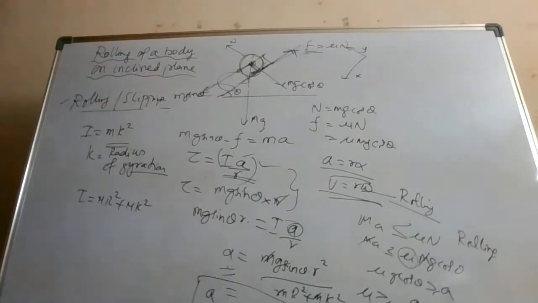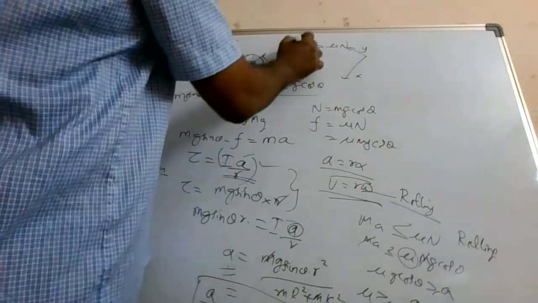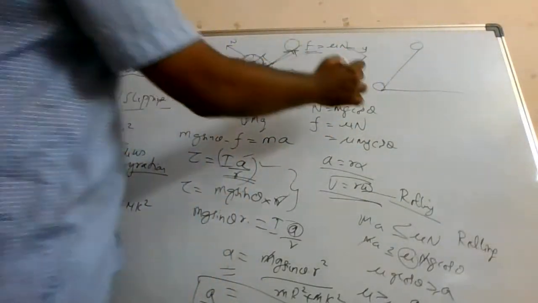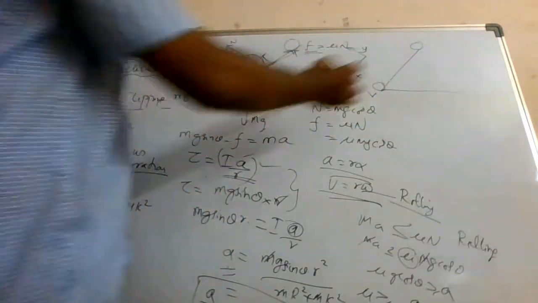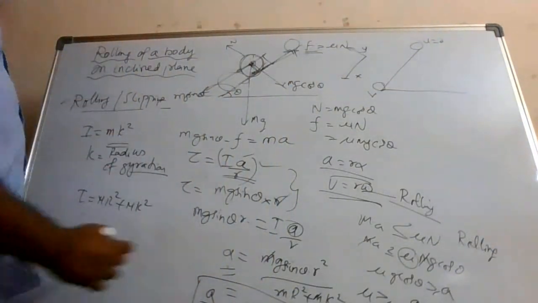Some other associated terms, like finding the speed. Here you have found out the acceleration. Let us say the body started rolling from here and it reached over here. Here the speed is u equal to 0, and here some speed v. Now you have worked out the acceleration.